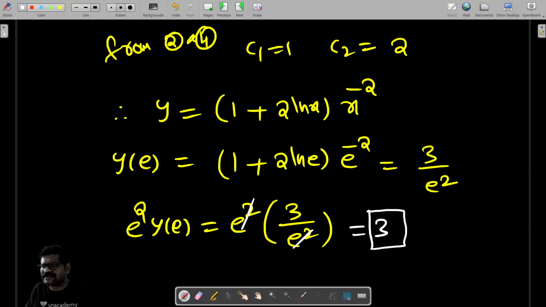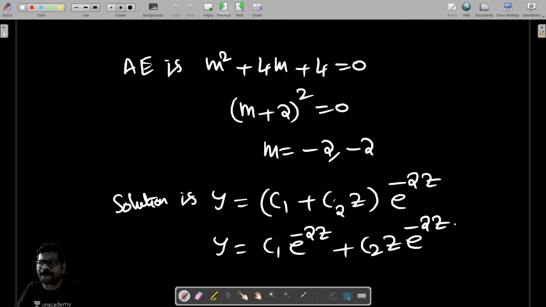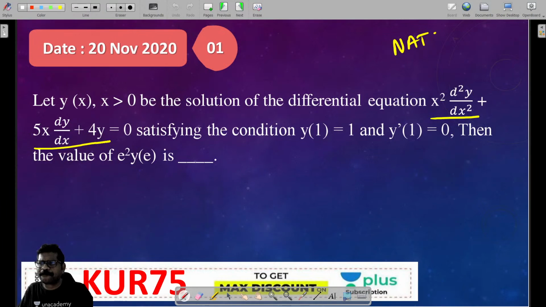Therefore the answer is 3 in this problem. E square into y of e is 3.